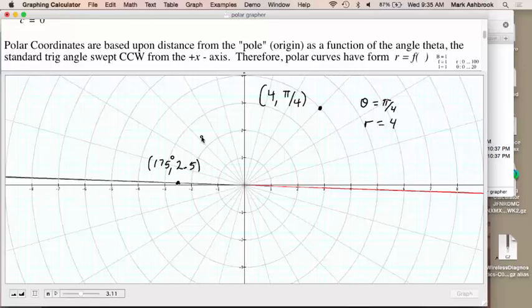Okay, but then there is negative r. Given that direction of positive r, the direction of negative r would be back the other way from the pole. That's what I'm showing by the red line. So if this is the point 175 degrees and 2.5, this is the point 175 degrees and negative 7.